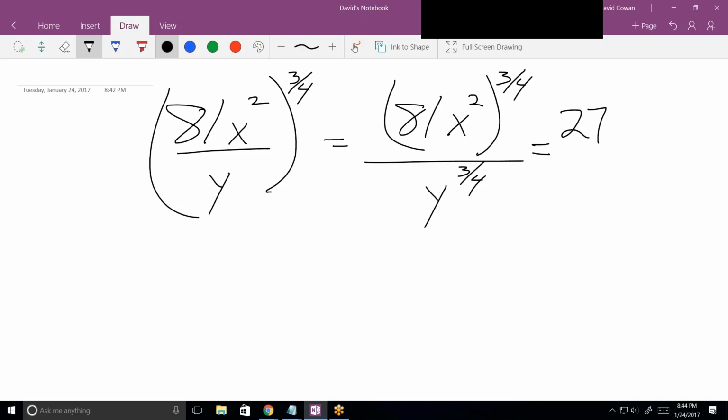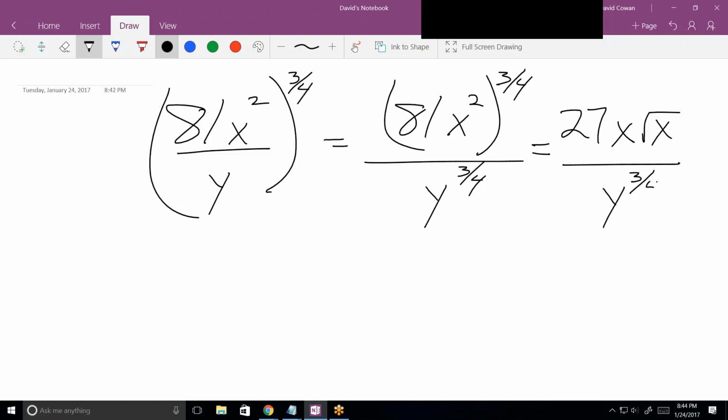And then multiplying these two exponents gives me x to the 6/4, which is the same as x to the 3/2, which is the same as x times x to the 1/2, or square root of x. So I can write the top like that. Bottom I can't do much with.